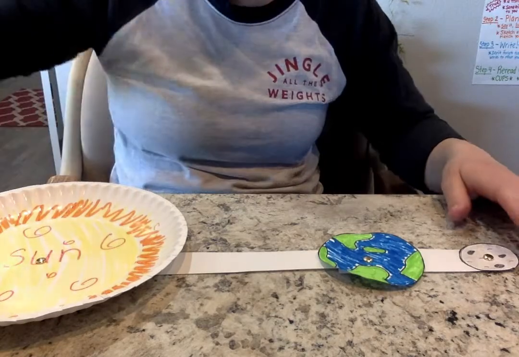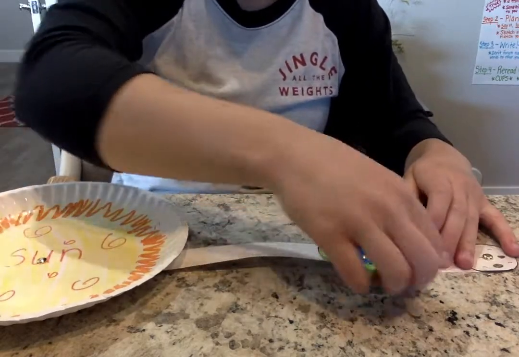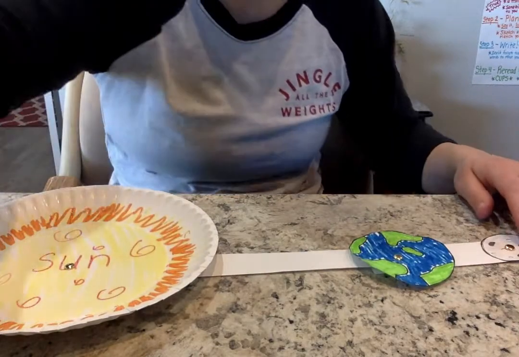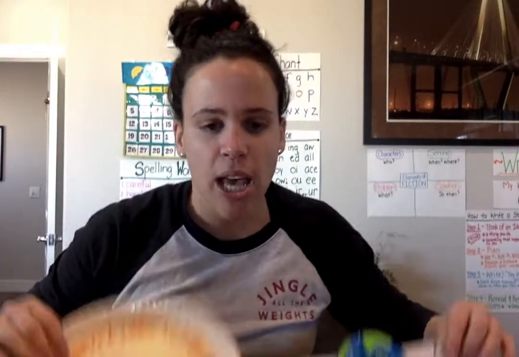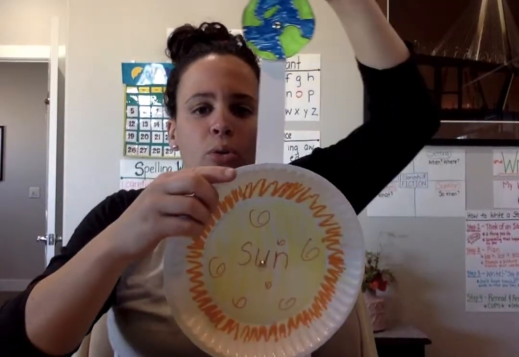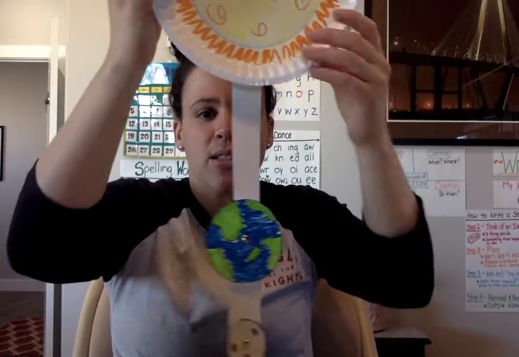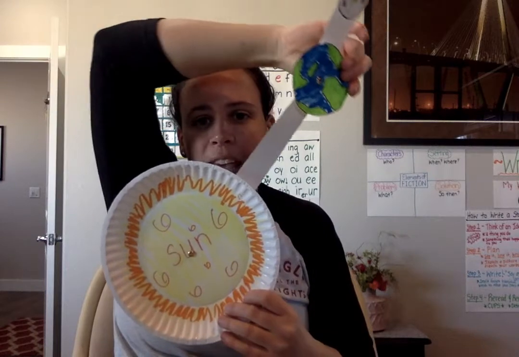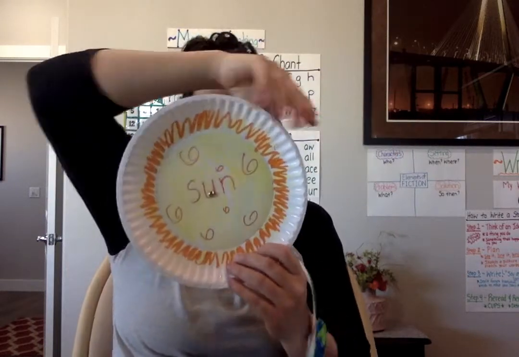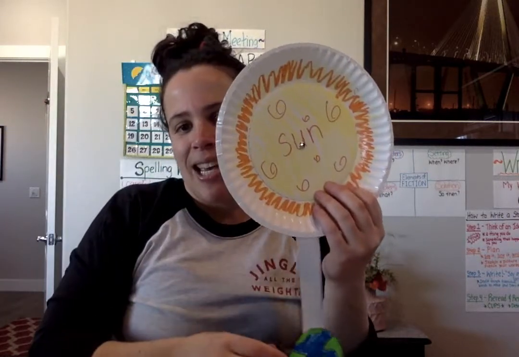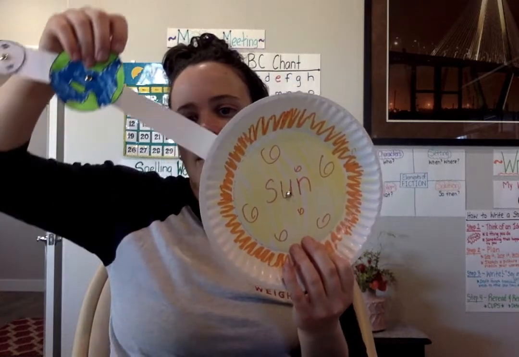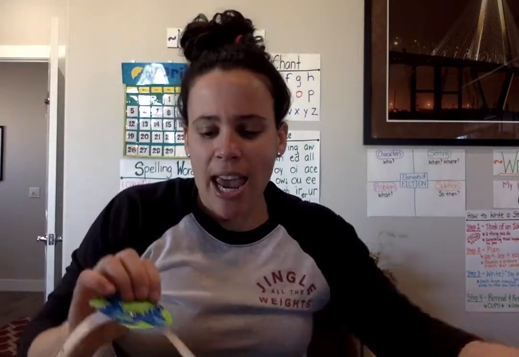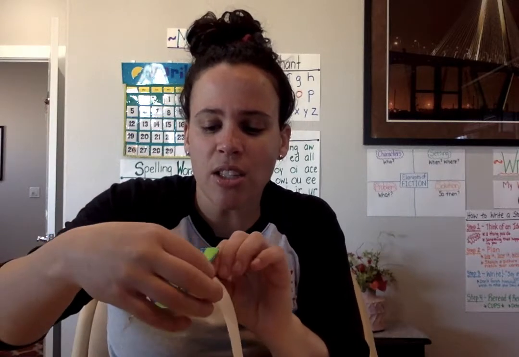Now, to make this work, if you have tape, it's stationary. You just know that it can revolve around the sun while the earth spins on its axis. But the cool thing with the fasteners is that it allows you to move it. So the earth is revolving around the sun. It takes 365 days, and it's pretty cool.